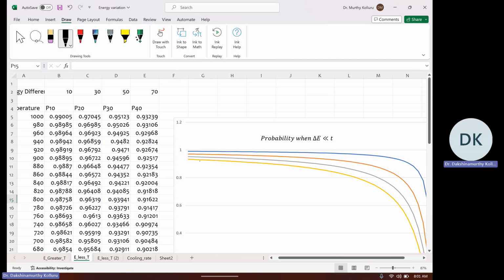Like before, as I cool it down, the probability comes down, but a lot more slowly, and then it drops. At very low temperature, it doesn't accept.